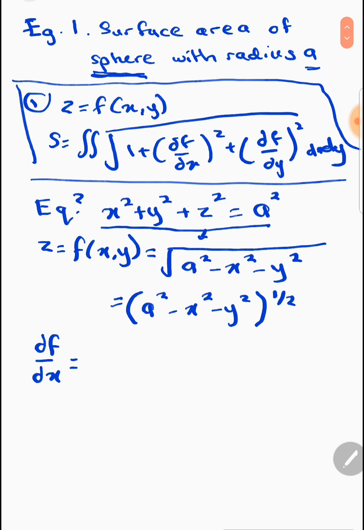Now the differentiating part. So I'm going to do the partial derivative. I'm going to differentiate this expression here with respect to x. So what would I get? So it will be half. This power here will be brought forward. And I'm just copying back the whole thing here, which gives me a squared minus x squared minus y squared.